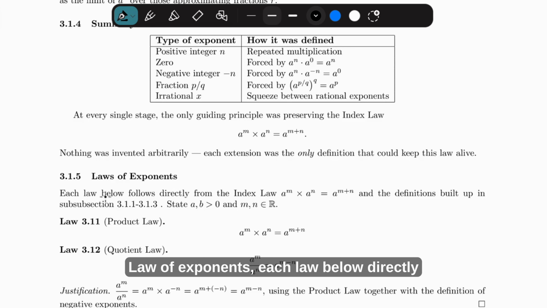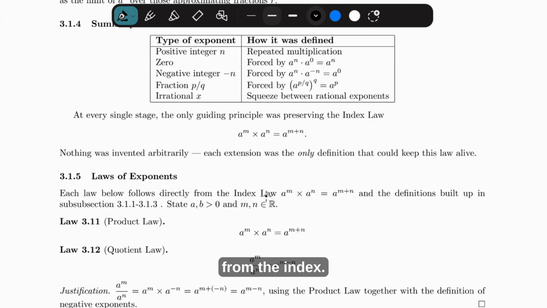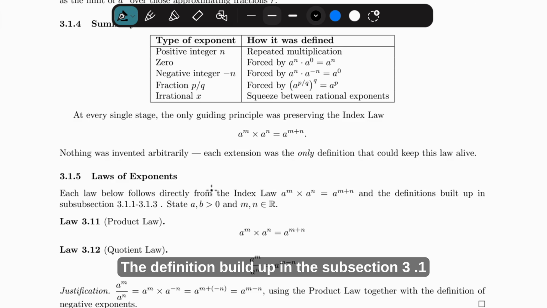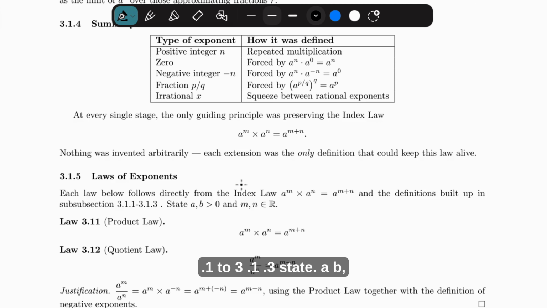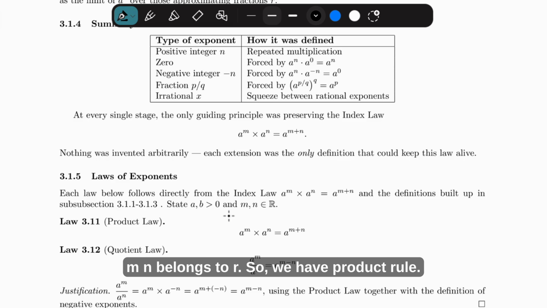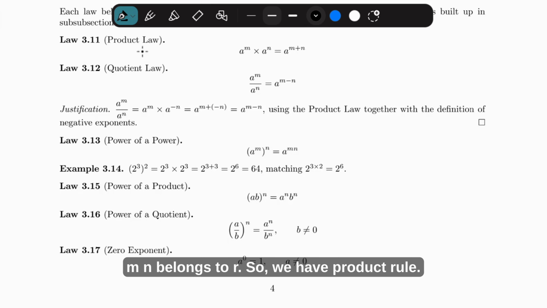Laws of exponents. Each law below follows directly from the index law. a to the power m times a to the power n is equal to a to the power m plus n. This holds with the definitions built up in subsections 3.1.1 to 3.1.3, for a, b greater than 0 and m, n belonging to R. This is the product rule.